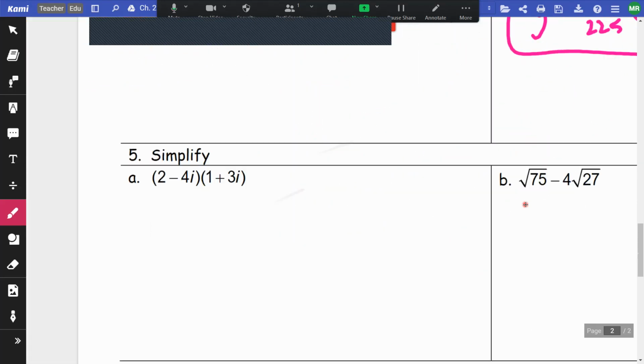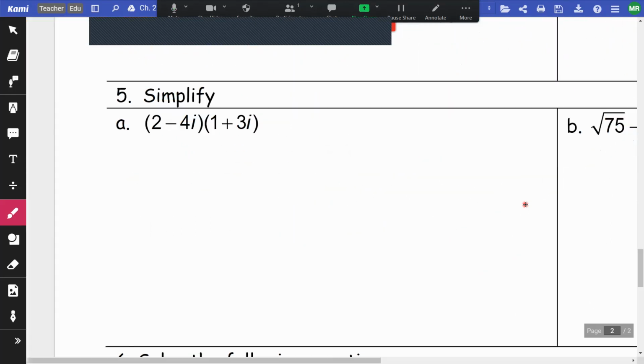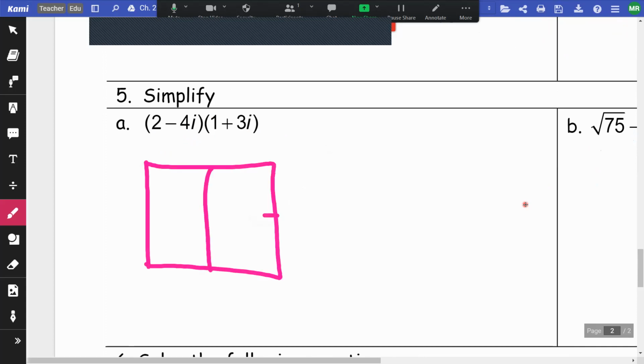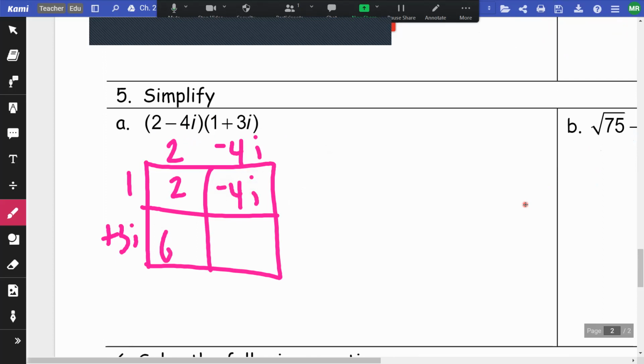On the next section, we are multiplying out imaginary numbers. I'm going to do it in a box: 2 and a -4i, and 1 and a +3i. So I'm going to take 1 times 2, 1 times -4i, 3i times 2, and 3i times -4i is a -12i squared.